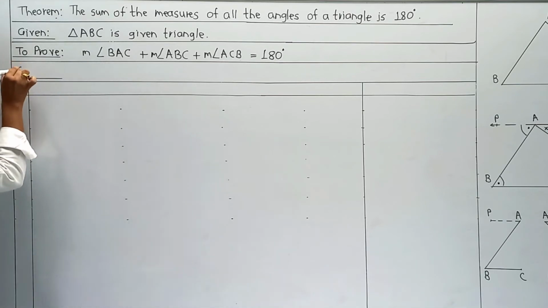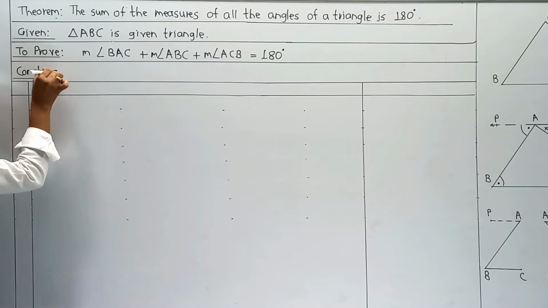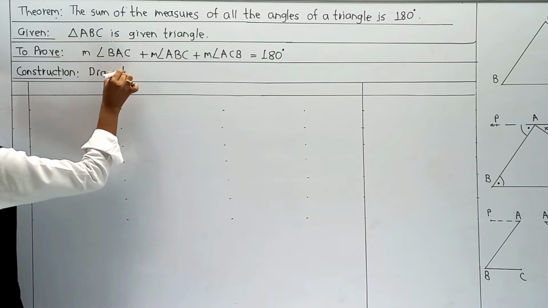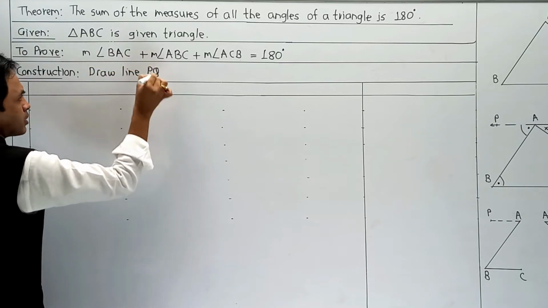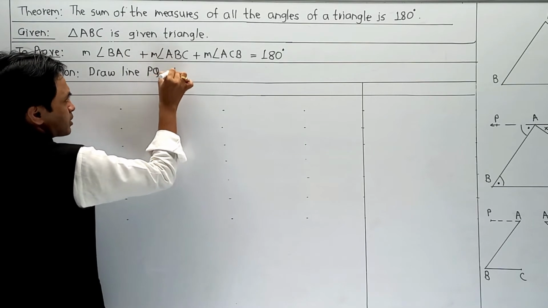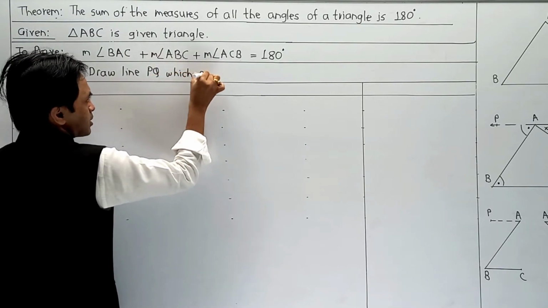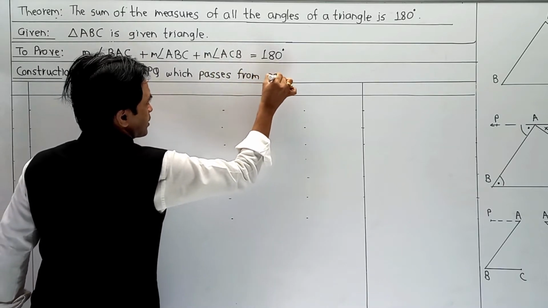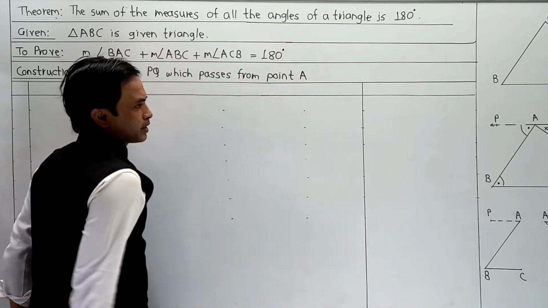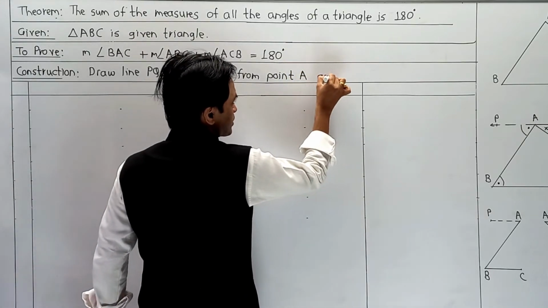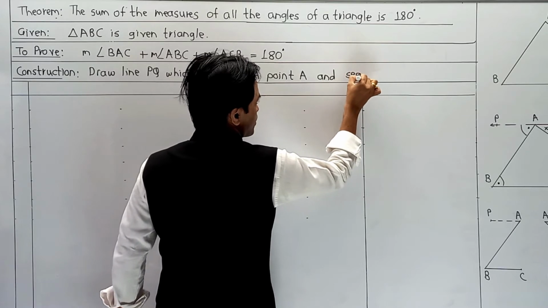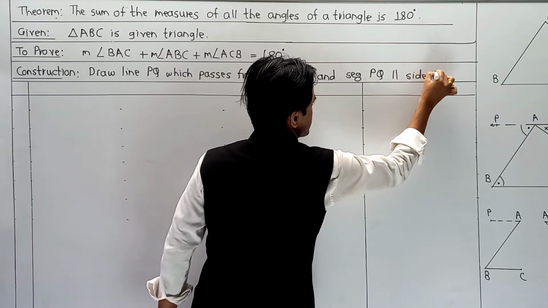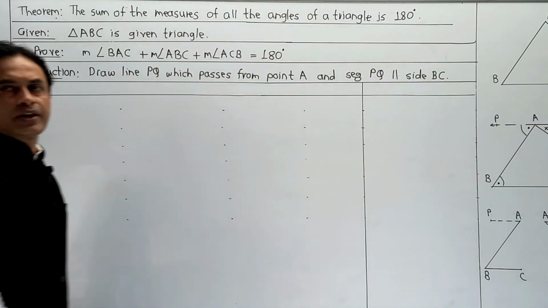Construction: draw line PQ which passes through point A, and segment PQ is parallel to side BC. In this way we have done the construction.